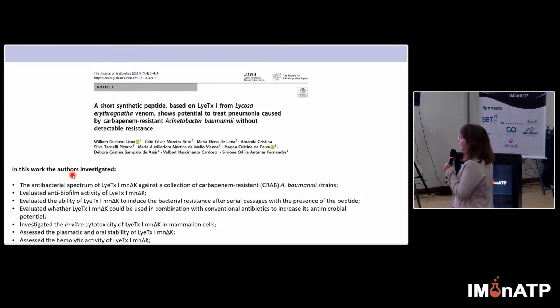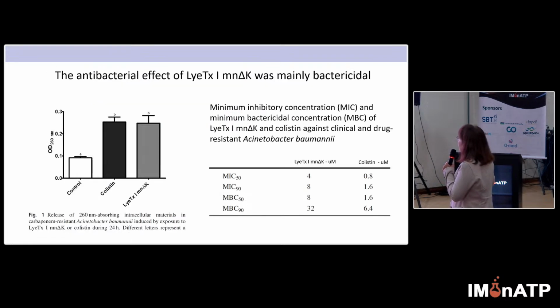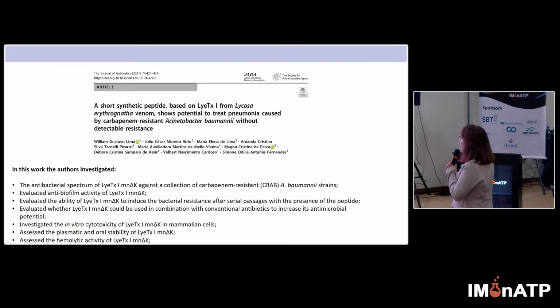They saw the antibacterial spectrum of this peptide against a collection of carbapenem-resistant Acinetobacter baumannii, they called CRAB, and also they calculated the MIC and the bactericidal concentration to kill bacteria, not only the resistant, but also the sensitive ones.